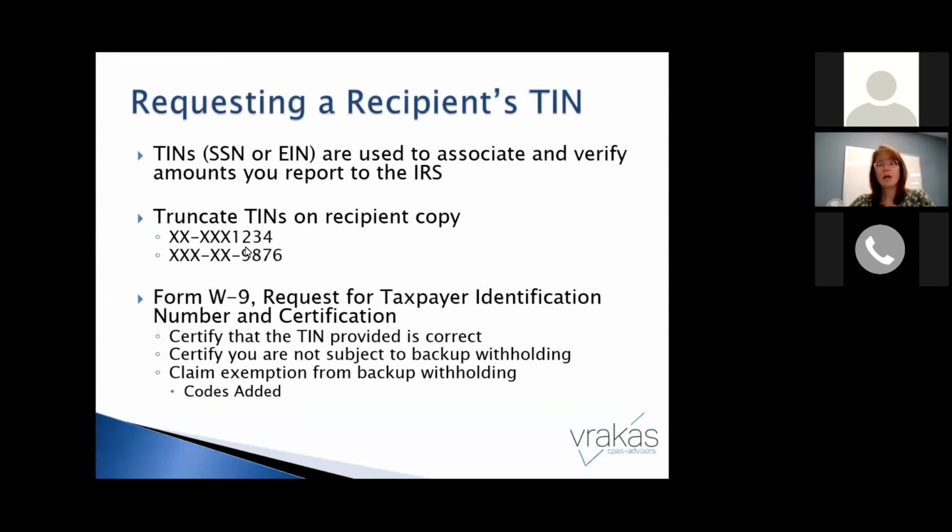You can truncate the taxpayer identification number only on the recipient copy. This started a couple of years ago, and I think most software does it automatically, but the copy to the IRS or to the state needs to have all 9 digits showing.